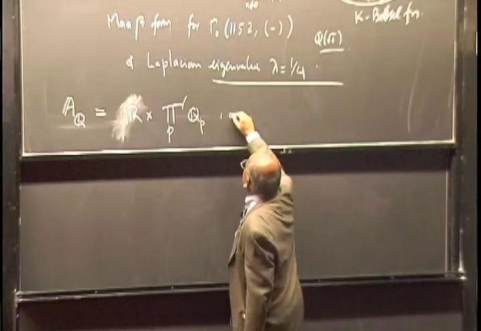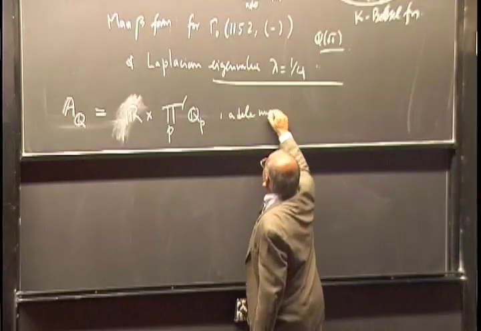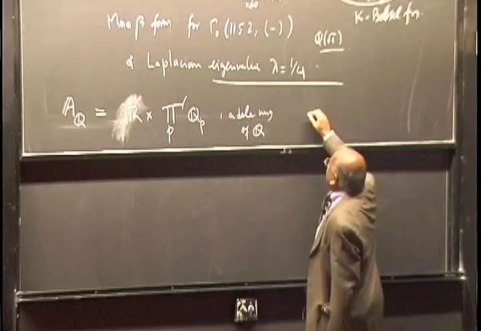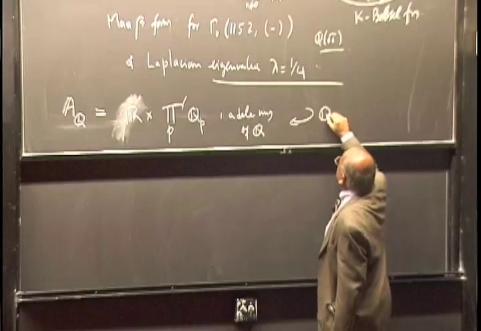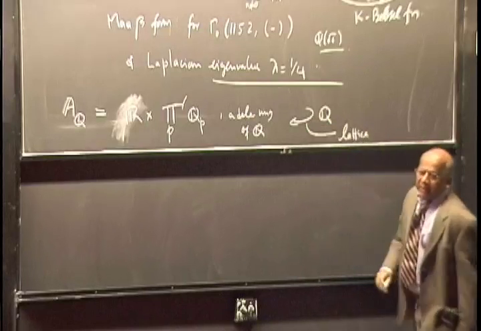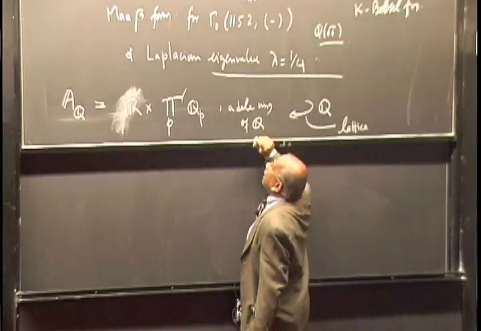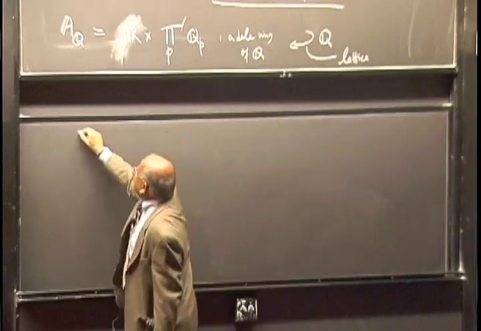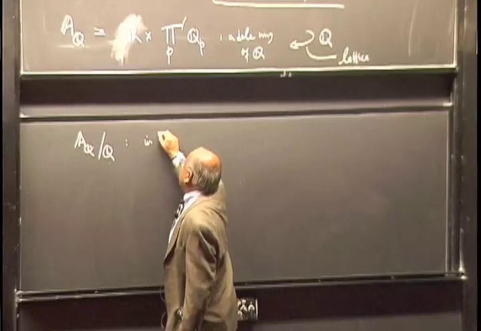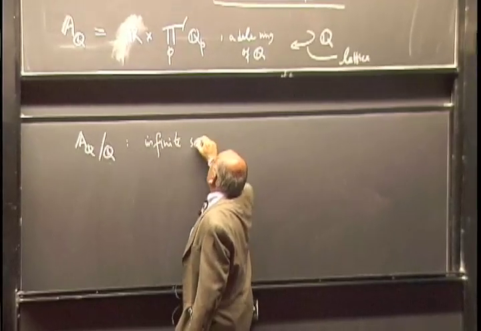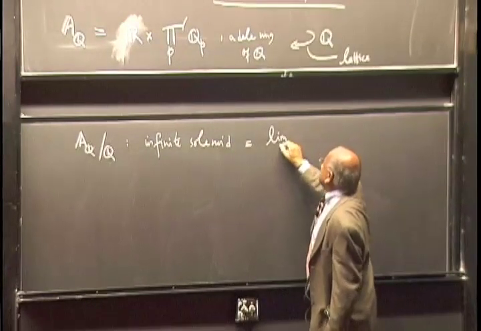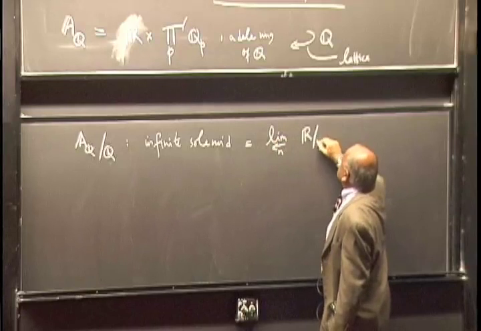So this is the adele ring of Q, and as a group, it's a topological group, locally compact, and inside it you have Q embedding discretely as a lattice, meaning it's discrete and co-compact, and this adeles modulo Q is sometimes called the infinite solenoid, because this is really an inverse limit of R modulo nZ.